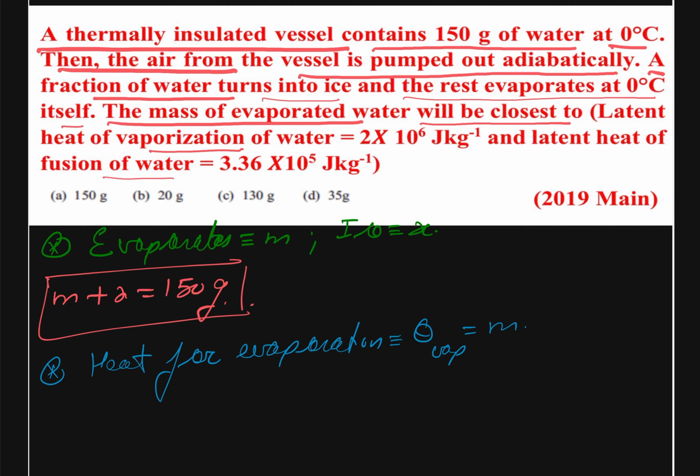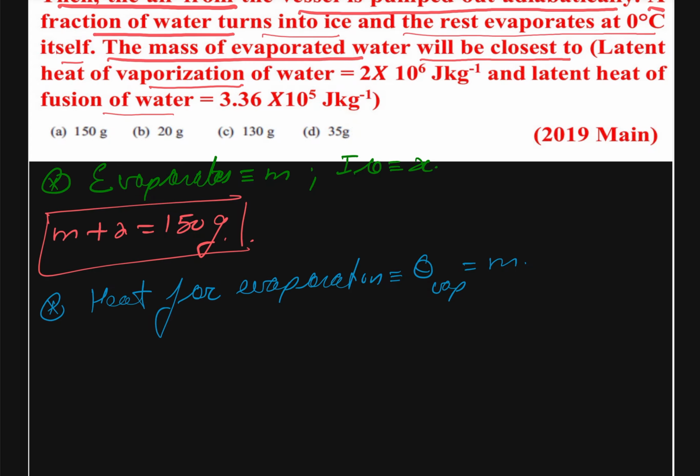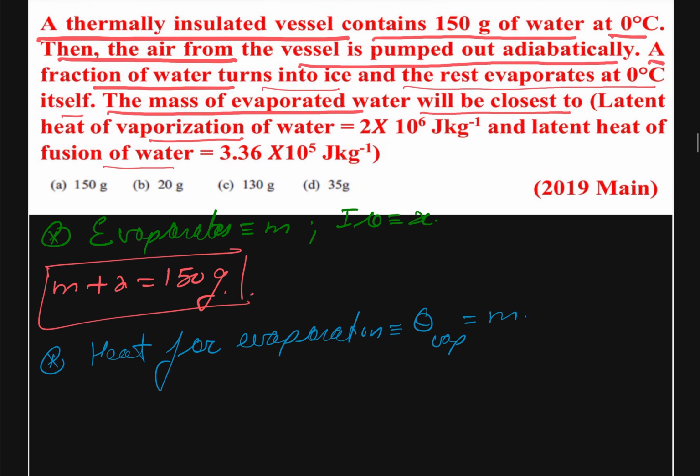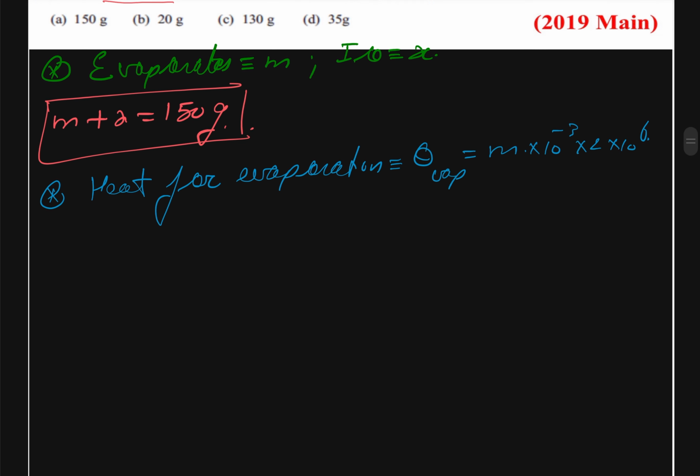Heat for evaporation, yes. So this will be mass into, okay, this is given in kg, so we can say mass into 10 to the power minus 3 times 2 into 10 to the power 6, and this comes as 2000 times m joules.